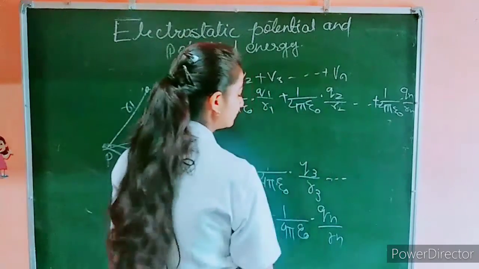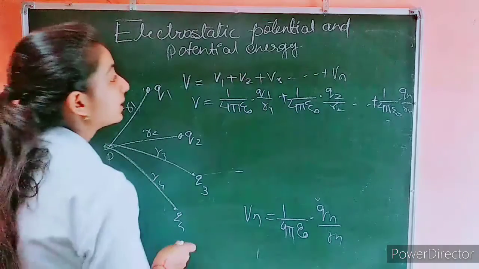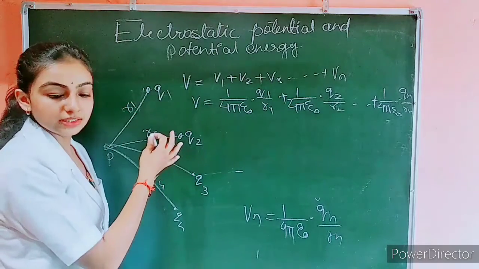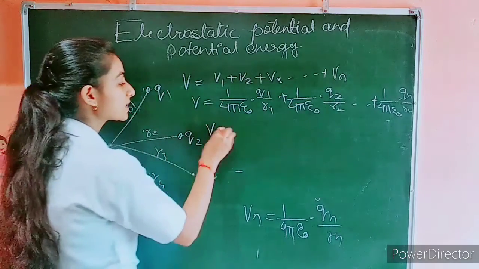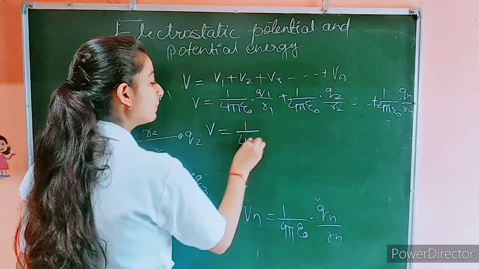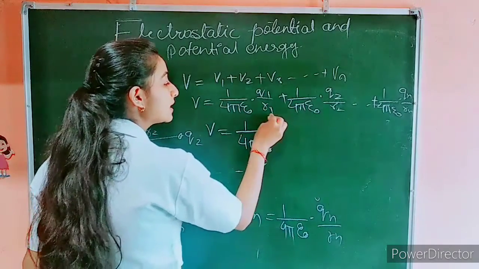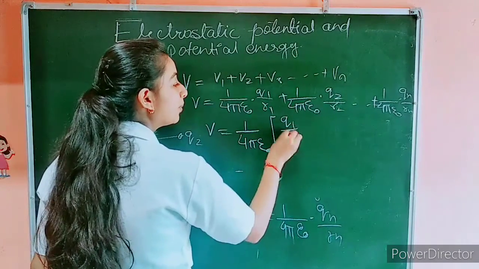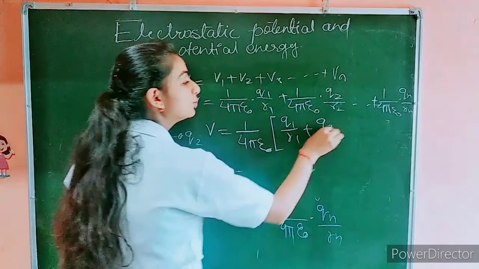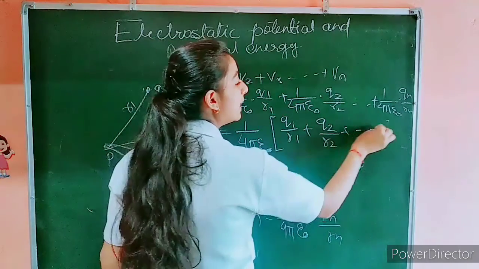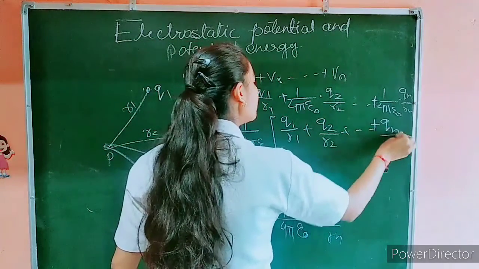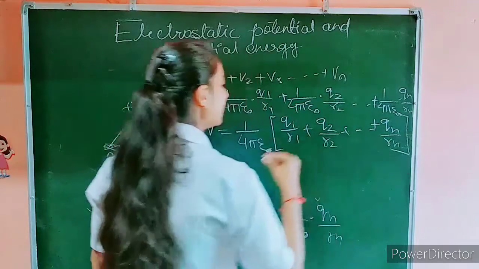Now we are finding the resultant potential. So V is equal to 1 upon 4 pi epsilon 0, that is common, times Q1 upon R1 plus Q2 upon R2 up to Qn upon Rn.